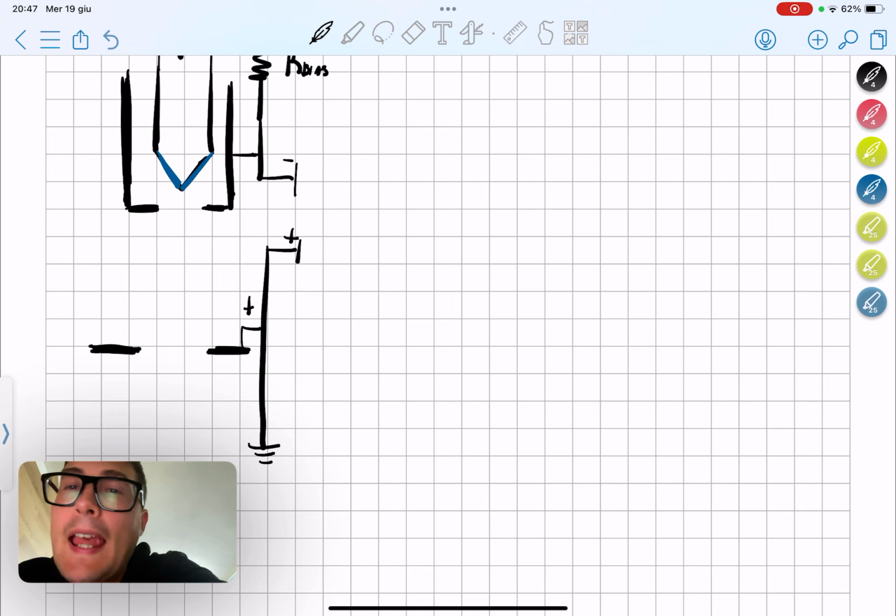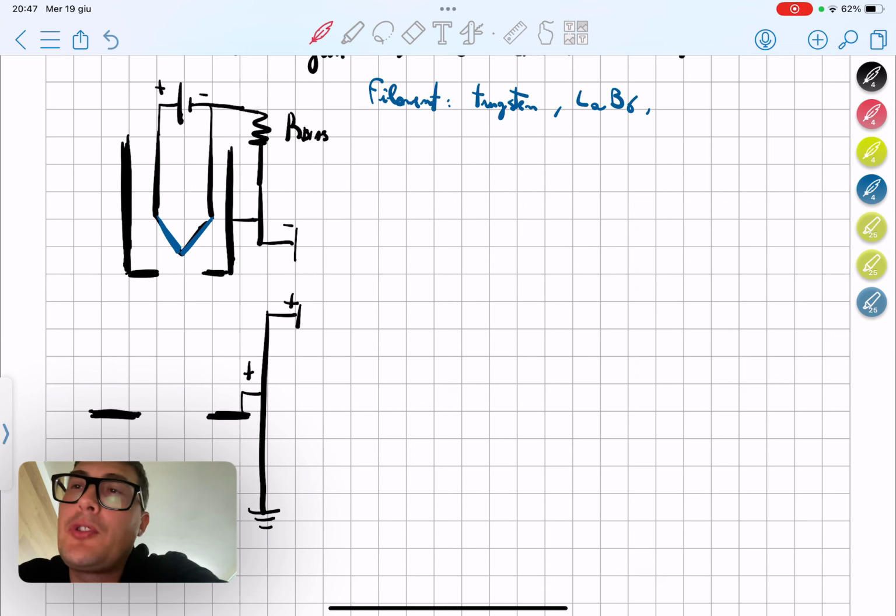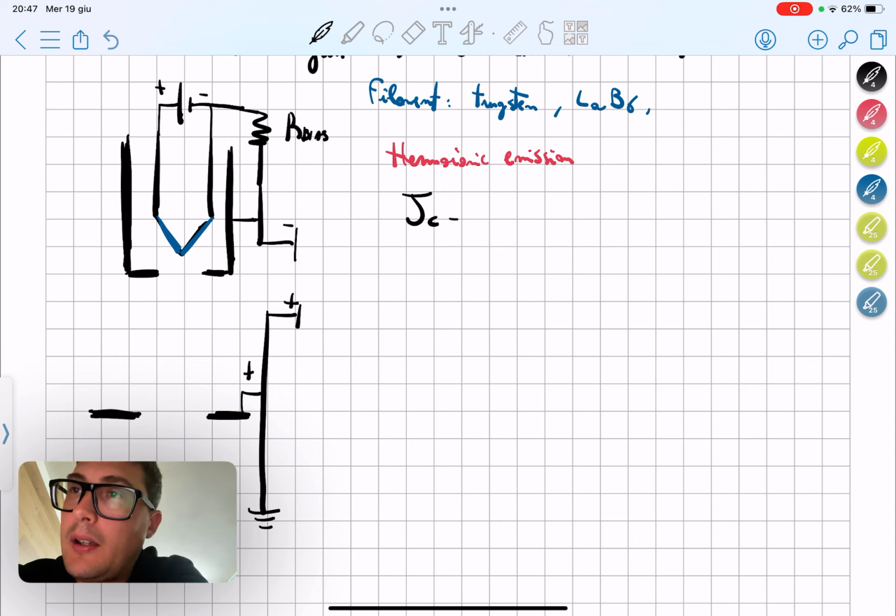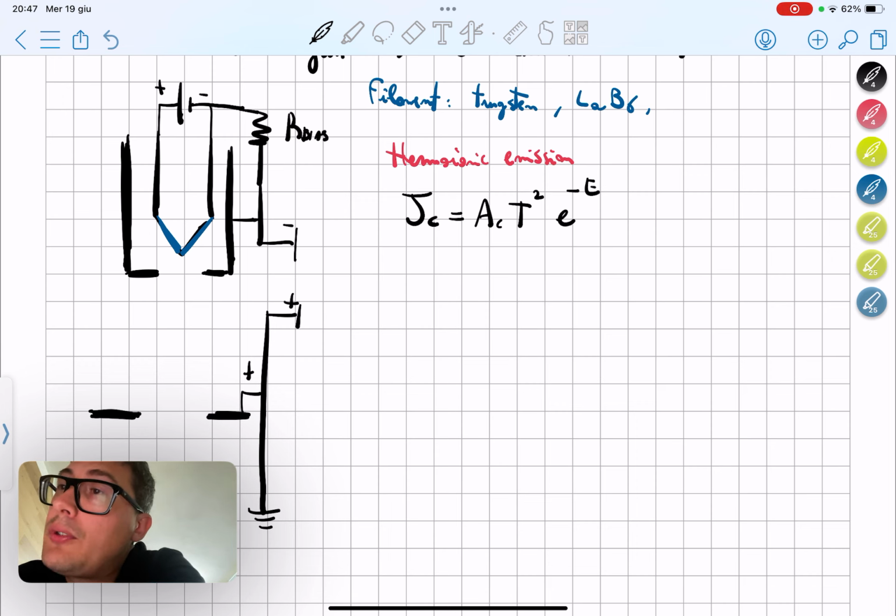And the electrons are produced by a physical phenomenon called thermionic emission, in the sense that the flux of electrons emitted by thermionic emission is proportional to a constant, the temperature squared, and e to the minus EW over kBT.